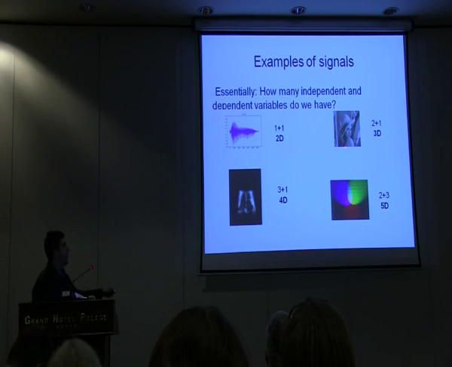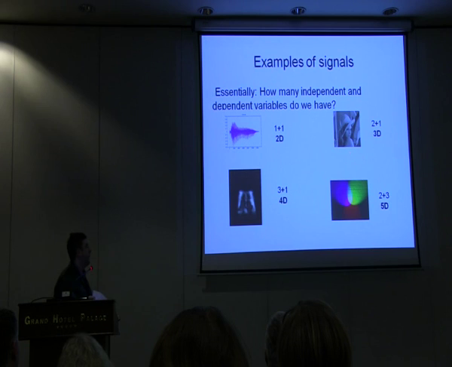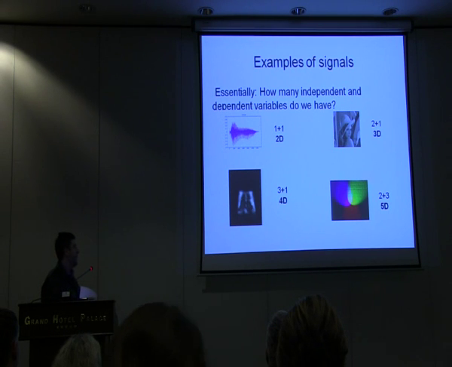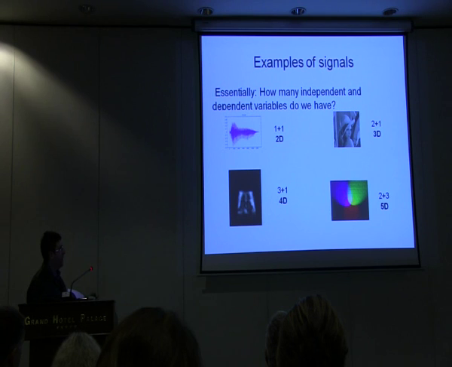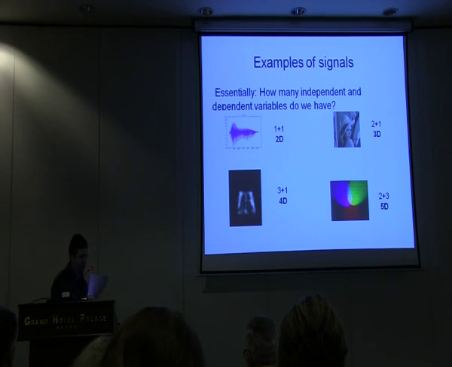Here we have a grayscale image which has height and width and intensity for a total of 3 variables, 3 dimensions essentially. A magnetic resonance image, 4 variables, and a color image which has 2 independent variables and 3 colors as dependent variables for a total of 5 dimensions.